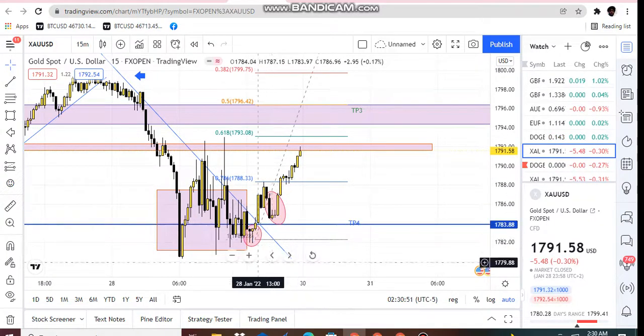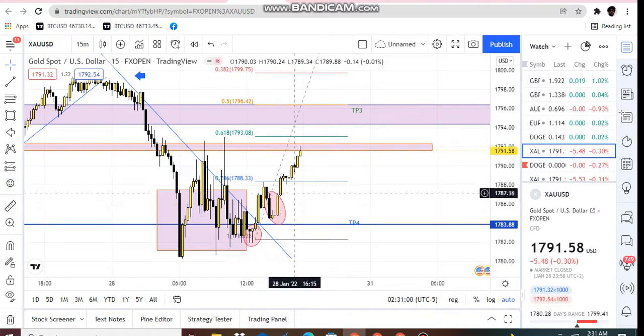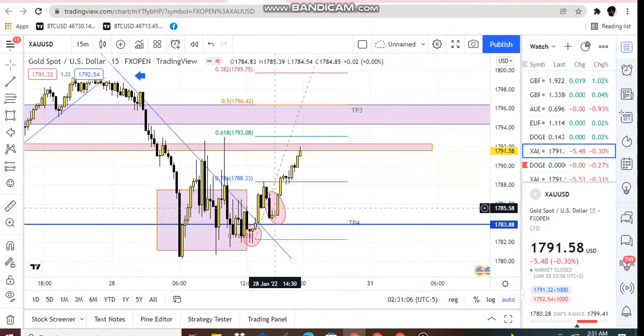So price will retrace faster on a 15-minute time frame. You have to watch price. That's why we go to the overall time frame and just watch the 4 hour and the daily, because you can get very confused looking at the 15-minute time frame.